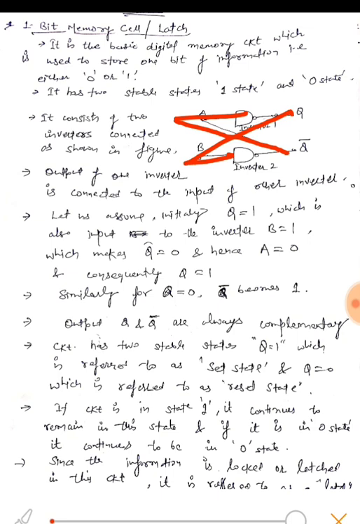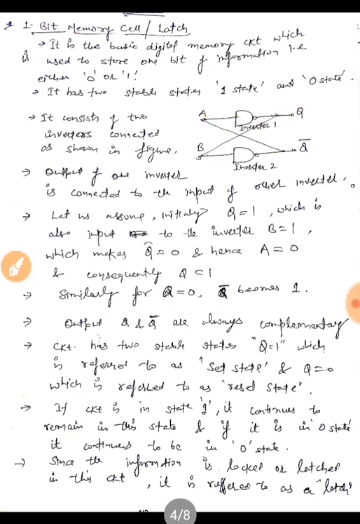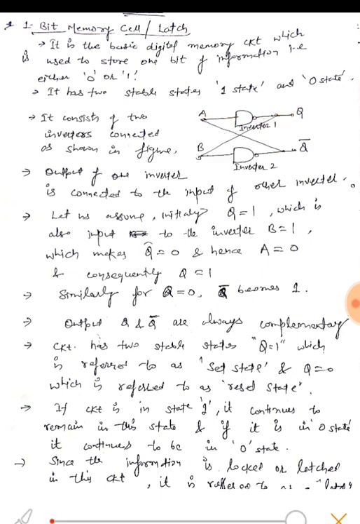The output of one inverter is connected to the input of the other inverter. This is inverter A and this is inverter B. The output of the first inverter is Q.